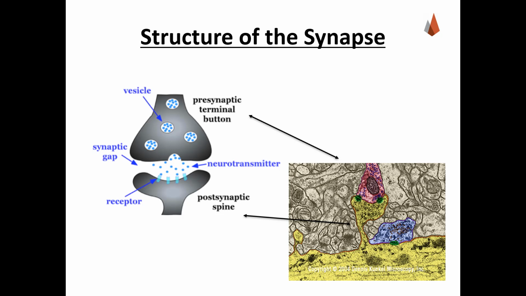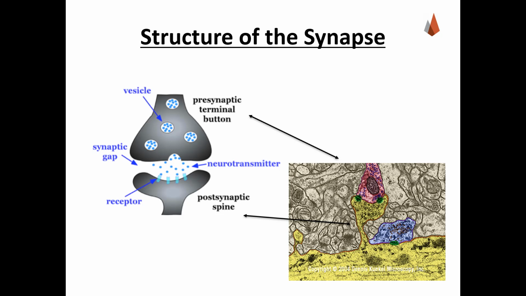Something else I want to point out to you is this yellow part, just the top part right underneath the red presynaptic terminal, which is a dendritic spine. You'll notice there's a big swath of yellow underneath the dendritic spine, and that is actually the dendrite itself.